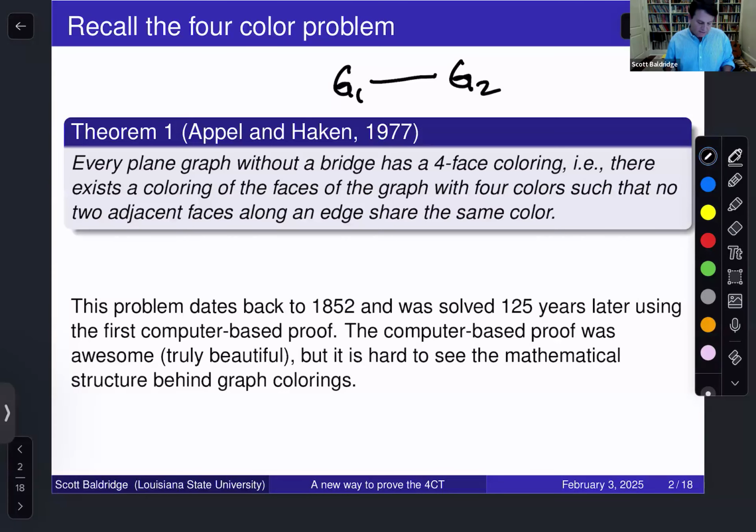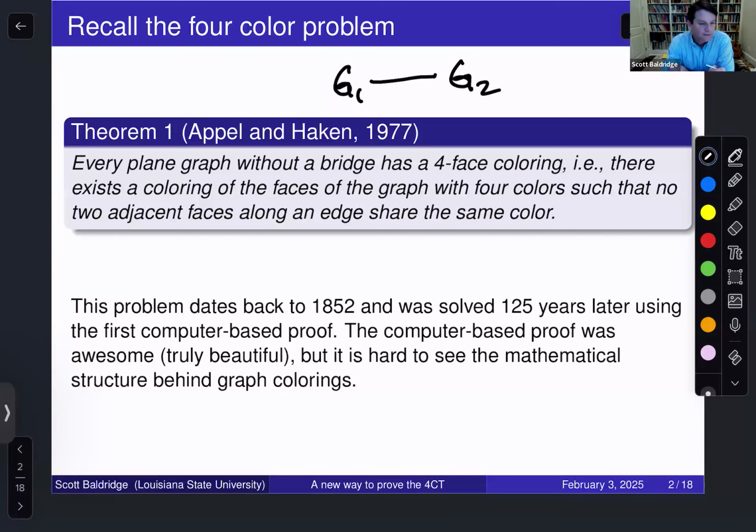This is obviously a very famous theorem, and I'm going to take a kind of cloaking style approach to this, partially because we're going to have people that don't think about the four-color theorem that much, but also because it's a great way to introduce the terms that I need. So as we go along, I'm going to be introducing terms using simple pictures. The problem itself dates back to the 1850s.